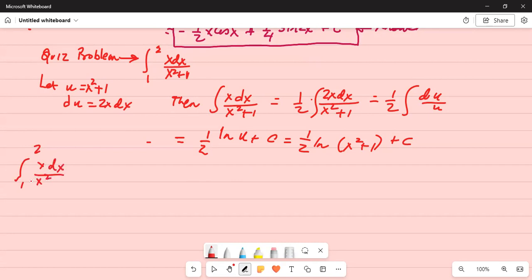Now our original problem is to find integration of x dx by x squared plus 1 with respect to x, limits are from 1 to 2. So this is equal to half ln x squared plus 1 plus c, and again the limits are from 1 to 2.